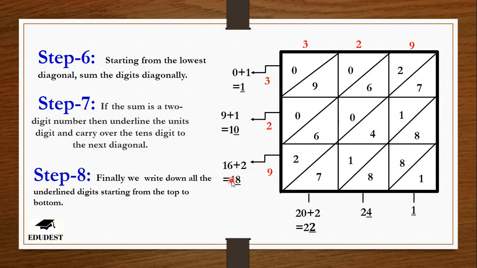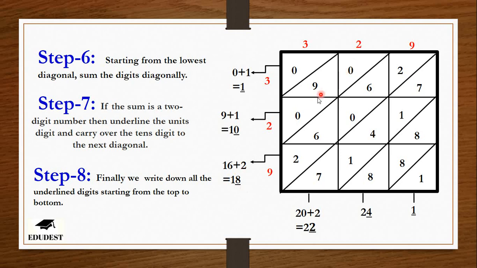The total sum is 16 plus 2, and this 2 is carried from the previous diagonal. Now the total sum is 18, which is again a 2-digit number. Here we need to underline the units digit and carry forward the tens digit to the next diagonal.